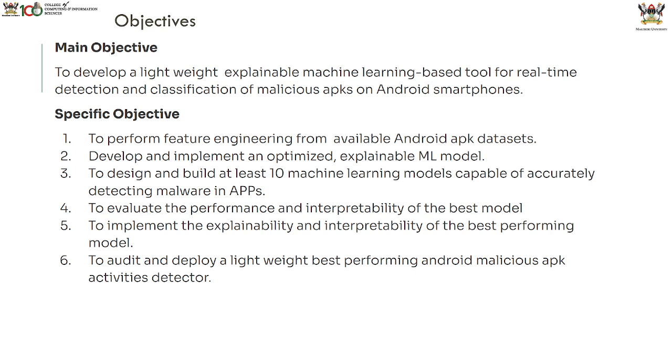Some of the specific objectives are to perform feature engineering from available Android APK datasets, to develop and implement an optimized explainable machine learning model, to design and build at least 10 machine learning models capable of accurately detecting malware in apps, to evaluate the performance and interpretability of the best model among the developed ones, and to audit and deploy a lightweight, best performing Android malicious APK activities detector.